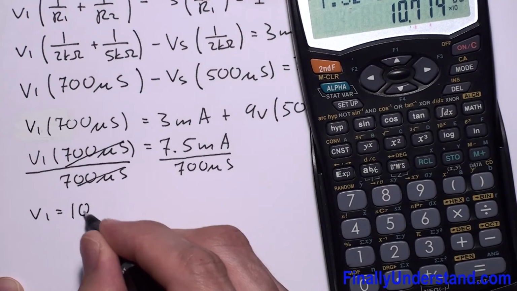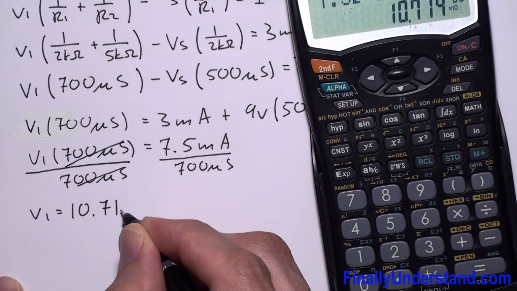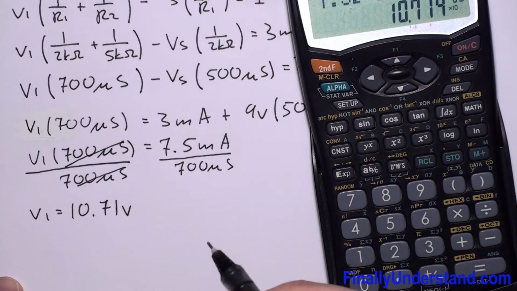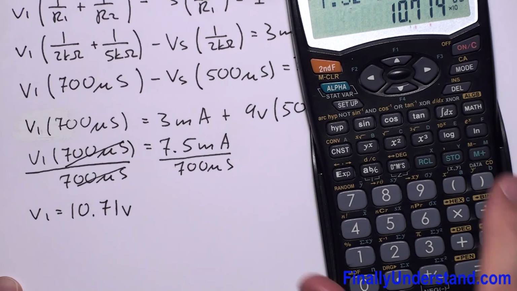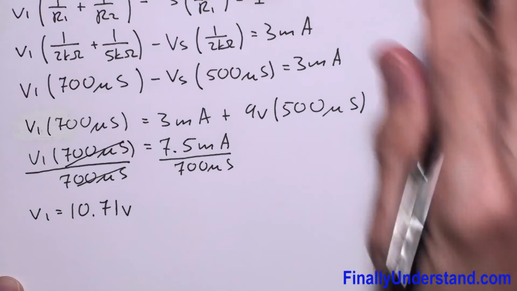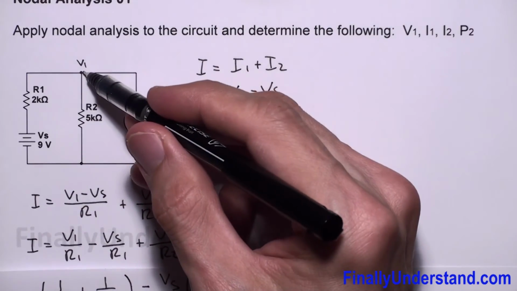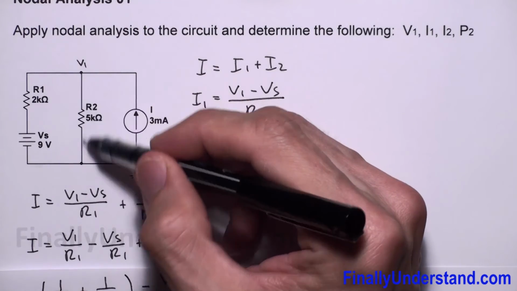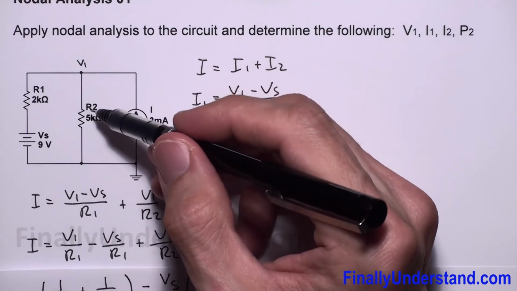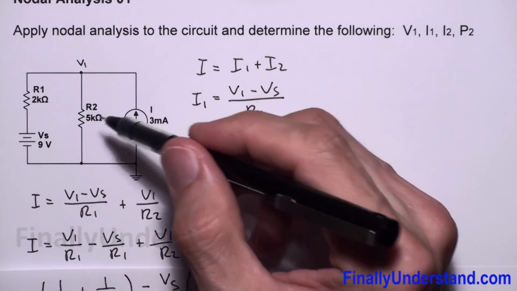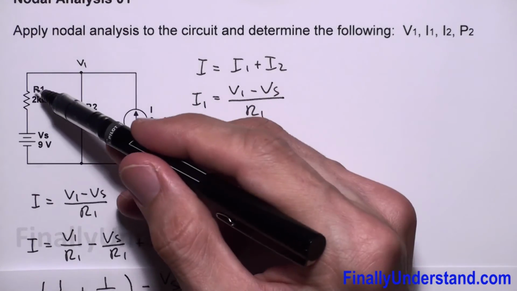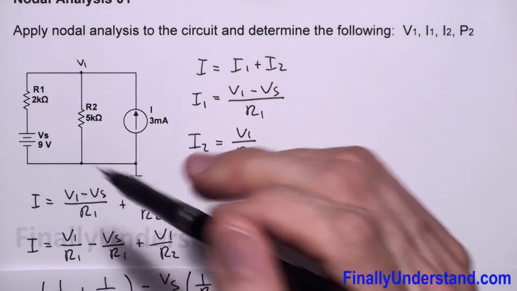So this is the value of the voltage between this point and ground. In other words, this is the voltage across resistor R2 and the voltage across this whole branch.